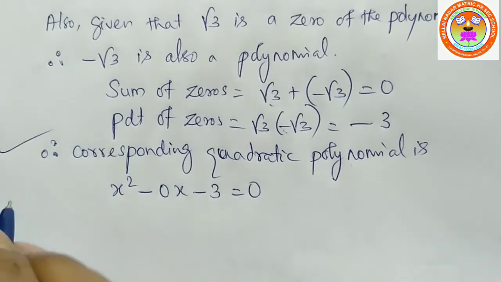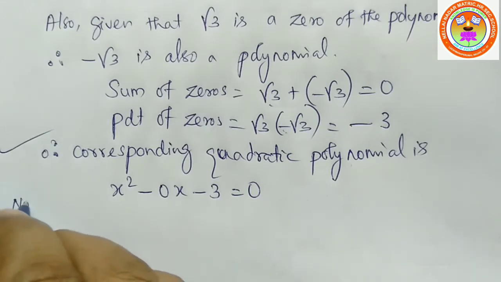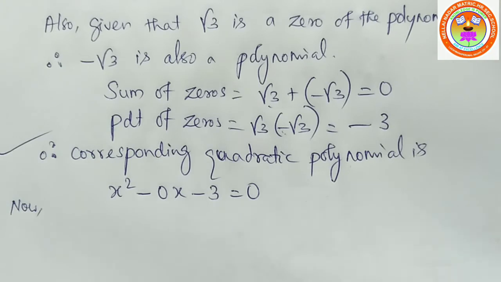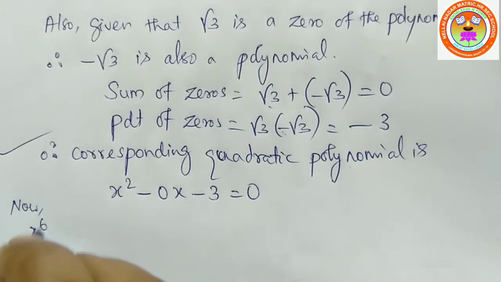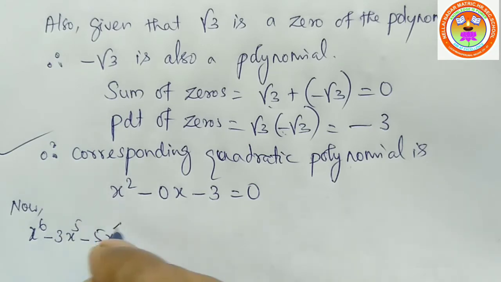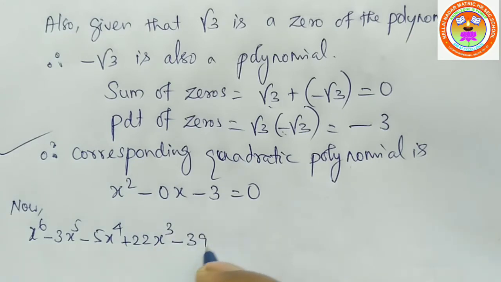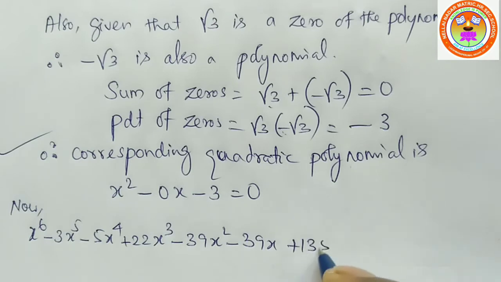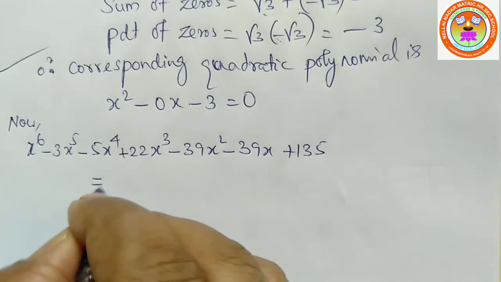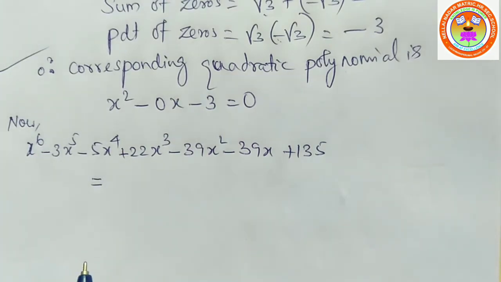See now, the given polynomial can be written as x raised to 6 minus 3x raised to 5 minus 5x raised to 4 plus 22x cube minus 39x square minus 39x plus 135. This given polynomial can be written as the product of two quadratic polynomials which we have found right now.